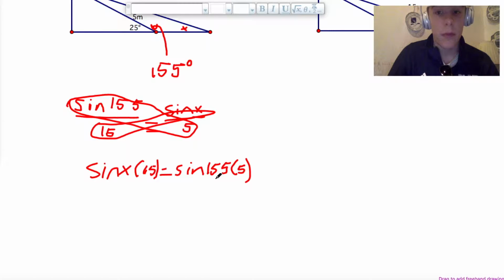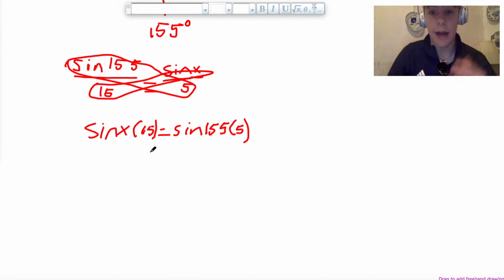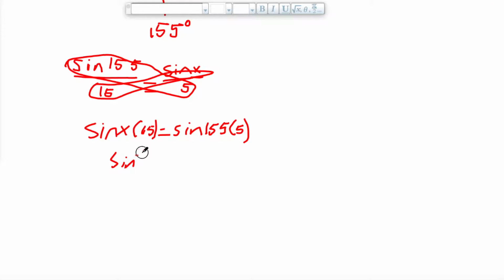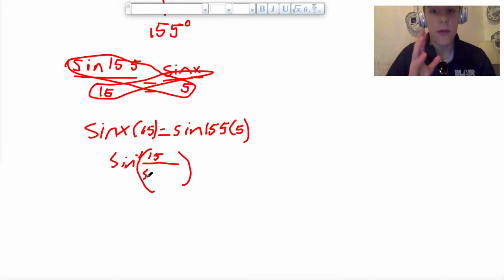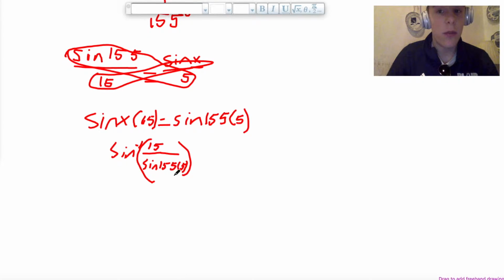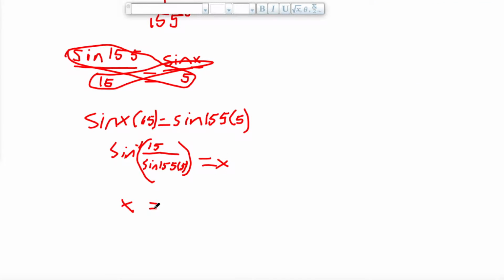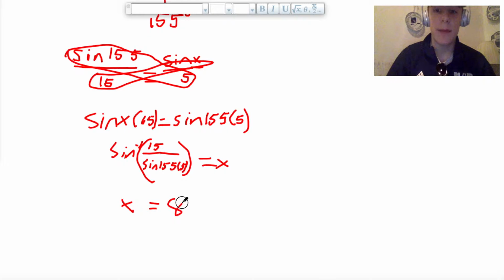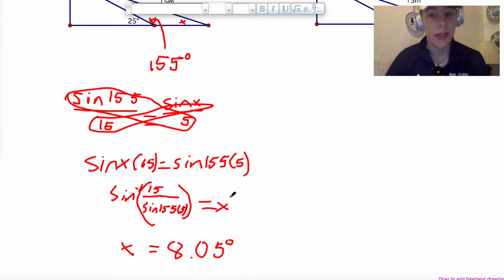Now, using inverse sine, we can know that x equals the inverse sine of (sine of 155 times 5) over 15, as you can see here, x equals 8.05 degrees. So that's how to find the angle with the first method, the law of sines.